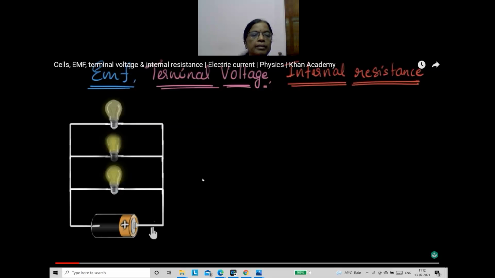So what happened? When resistances are connected in parallel, it is drawing more current. So voltage is dropping. Current is more, then voltage is found to be dropping. That is a very important factor. When we connect more and more appliances or bulbs in parallel, it will draw more current.